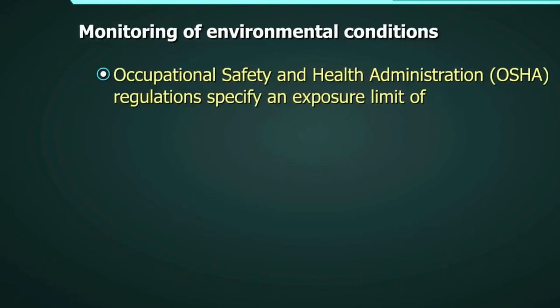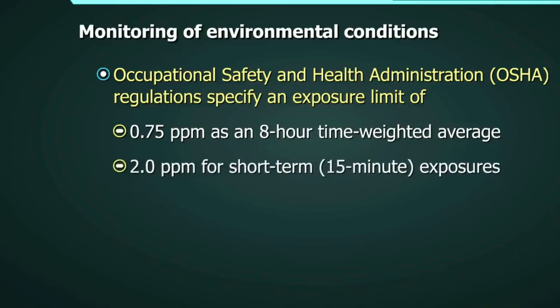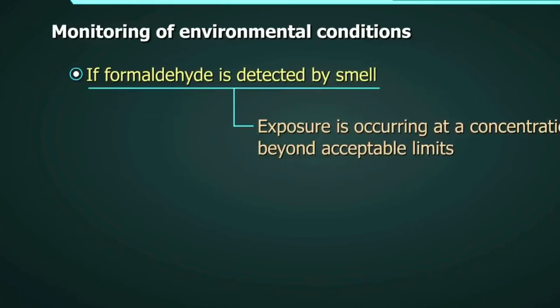Occupational Safety and Health Administration regulations specify an exposure limit of 0.75 parts per million as an 8-hour time-weighted average and 2 parts per million for short-term exposures. If formaldehyde can be detected by smell, it likely means that exposure is occurring at a concentration beyond acceptable limits.